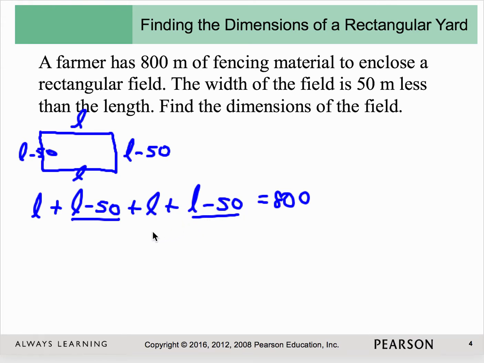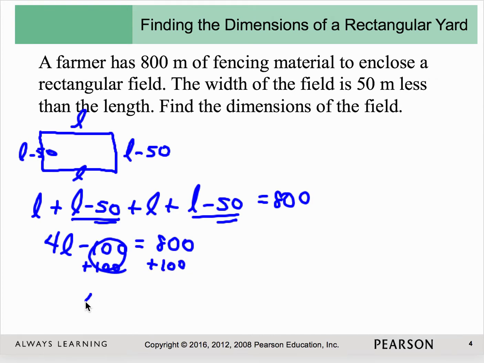Now I've got an equation. Like terms are 4 L's. Minus 50 minus 50 is minus 100 equals 800. Let's add 100 to both sides to get rid of that. So 4L is 900.